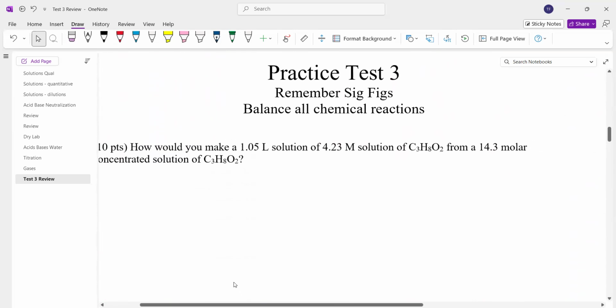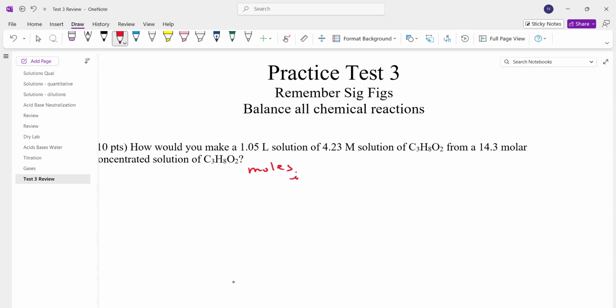Okay, now we're going to make the same thing, only this time 105 liters instead of 106. We're going to make the same thing from a concentrated solution rather than dry. So the important equation here is the initial moles equals the final moles.